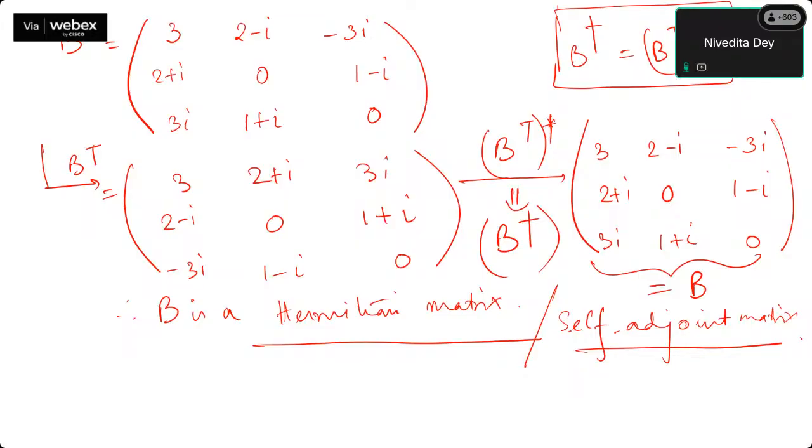So this completes the basic mathematical postulates of quantum mechanics associated with linear algebra. What we needed to know: the Dirac notation, the bracket form, then the inner product and the outer product form, then the orthogonal and orthonormal basis, followed by the properties of orthonormal basis, where we have seen the expansion coefficients or the projection operator, followed by the Hermitian or self-adjoint matrix.